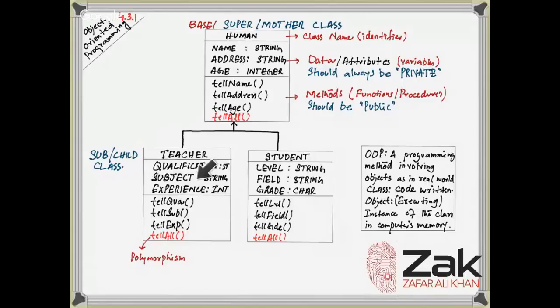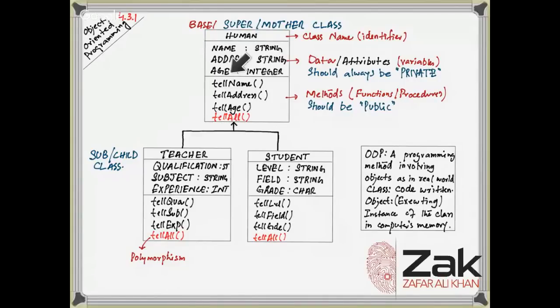So if we have derived this class from this class, we have added these three data items, attributes here, plus we have also introduced these three methods here to tell these data. And then we have tell all. Since this tell all is derived from here, it would still be telling just name, address, and age.